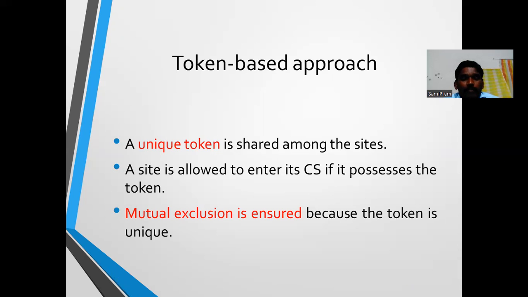Mutual exclusion is ensured because the token is unique. In the token based approach, mutual exclusion is achieved based on the token. Because the token is a unique ID, that's why we can achieve mutual exclusion in distributed mutual exclusion.